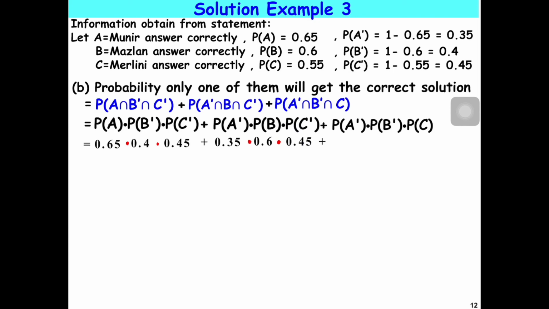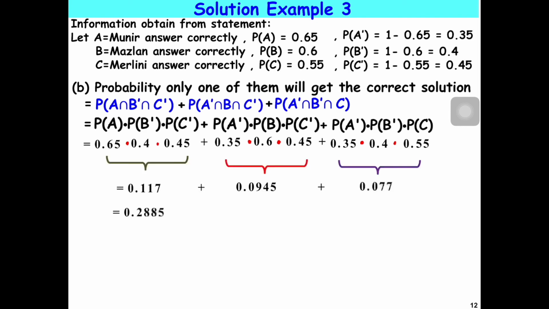Okay, plus probability A complement from above is 0.35, multiplied with probability B complement from above is 0.4, and then multiplied with probability C from above, 0.55. Sum it up, you will get 0.2885 for the probability that only one of them will get the correct solution.